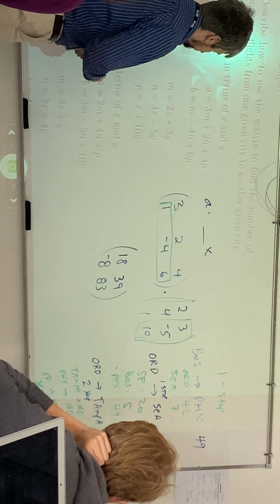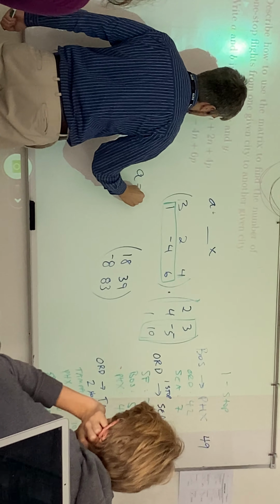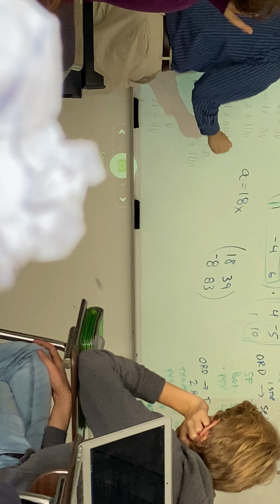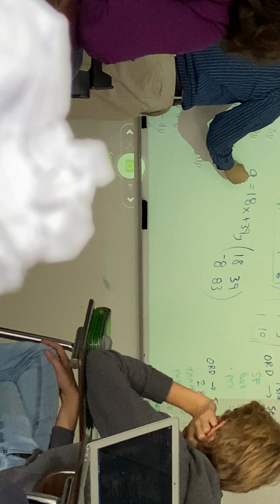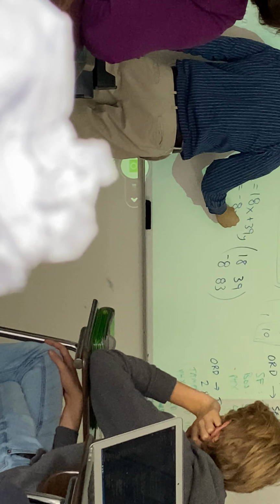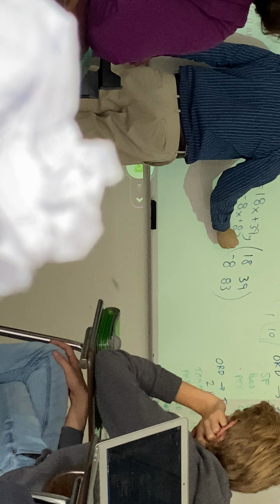So A is 18x plus 39y, and B is -8x plus 83y.